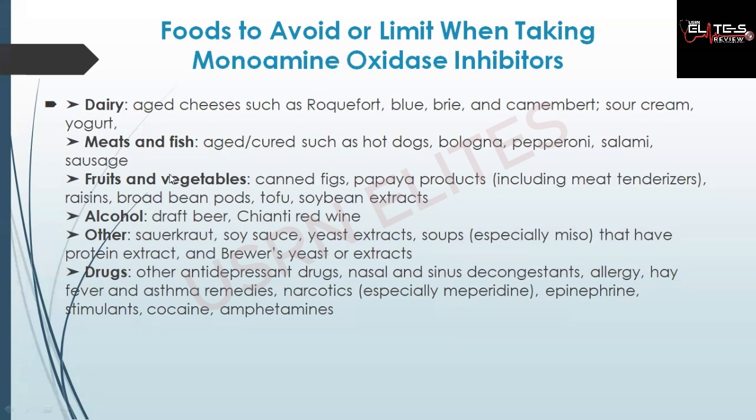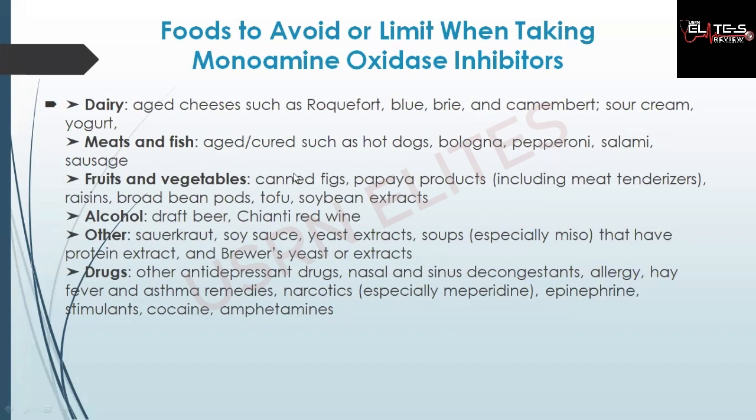Then when it comes to meat and fish, when you see aged or cured, such as hot dogs, they can't take hot dogs, they can't take bologna, pepperoni, salami. I've been seeing these foods a lot. Those of you who have been seeing them can relate.